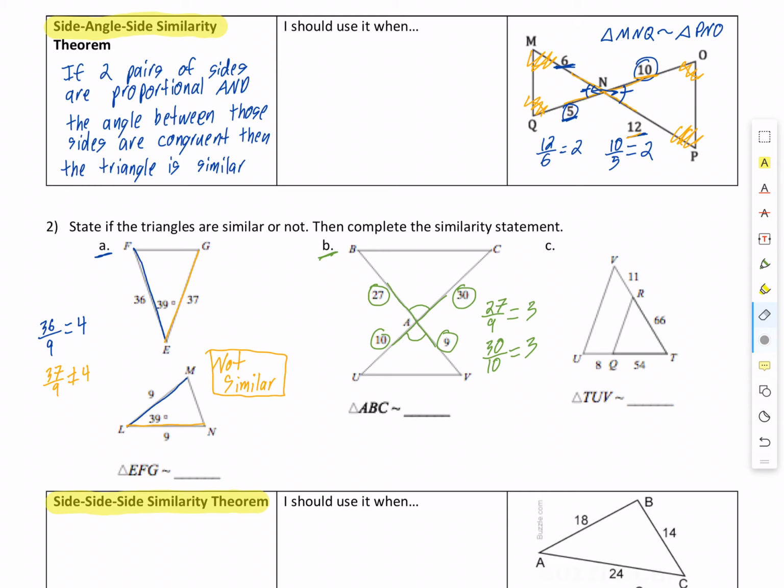So these two triangles are similar, so triangle ABC would be similar to triangle AVU. And then we have to complete it by putting side angle side similarity.